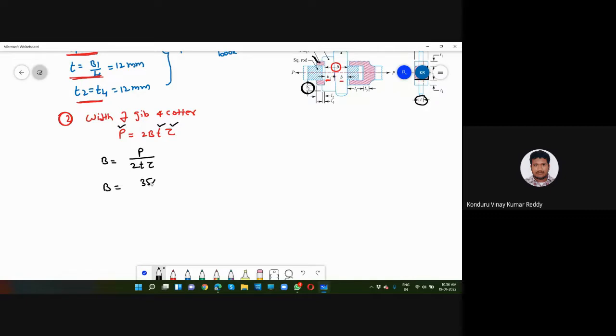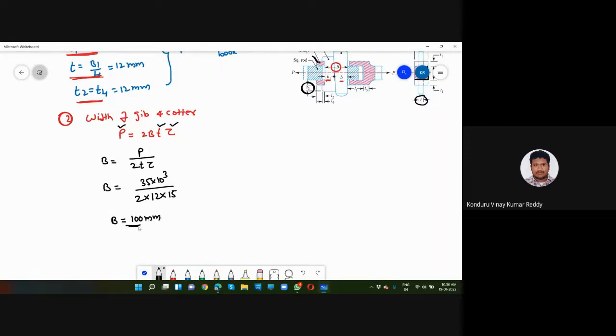Thereby, 35 into 10 to the power of 3 by 2 into the T value. Can anybody tell me what is the value for T? It is 12 millimeters, and the shear stress is 15 megapascal, nothing but 15 Newton per millimeter square. If you calculate this value, B will be equal to 100 millimeters.